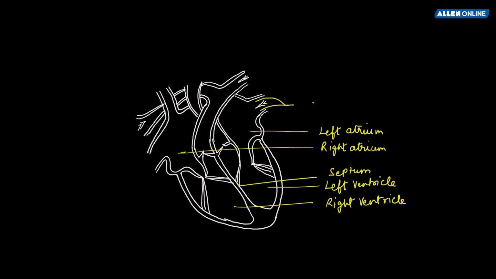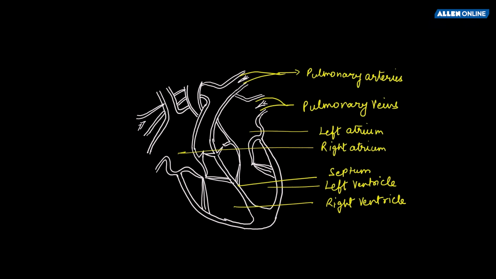So these two vessels are the pulmonary veins, which will bring the blood from the lungs, and these are the pulmonary arteries, which will take the blood to the lungs. Right, this completes with this part.